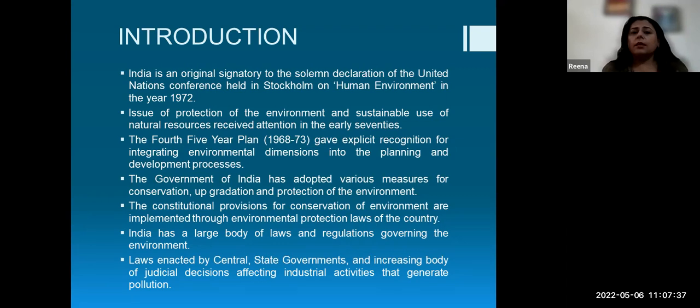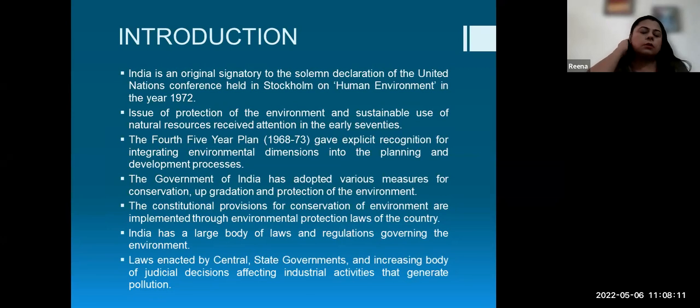India is an original signatory to the Solemn Declaration of the United Nations Conference held in Stockholm, and from there on, from the fourth five-year plan, formulated for 1968 to 73, we have started integrating environmental dimensions into our planning and development processes. India was the first country which incorporated environment-related guidelines under its constitution.